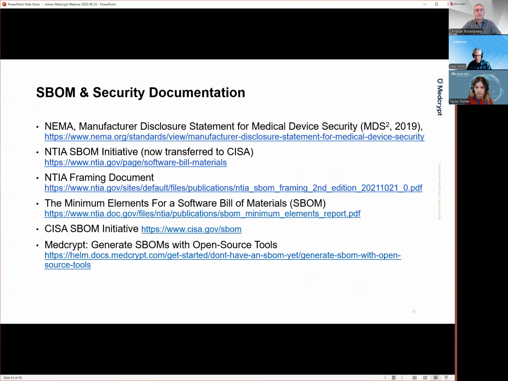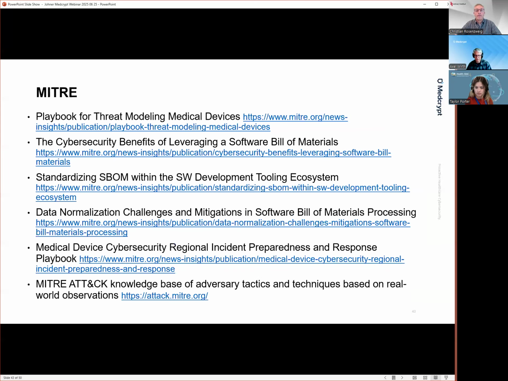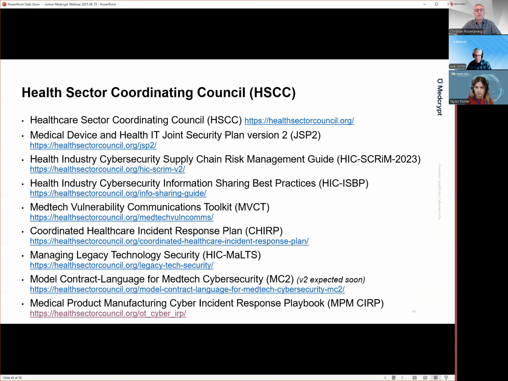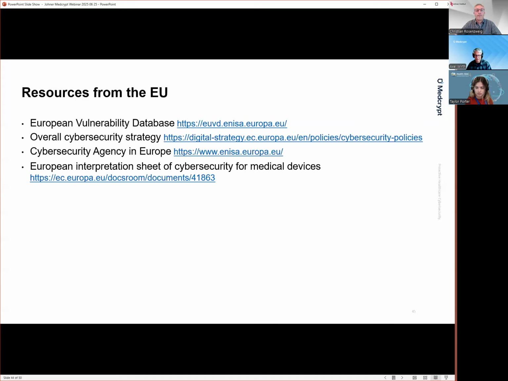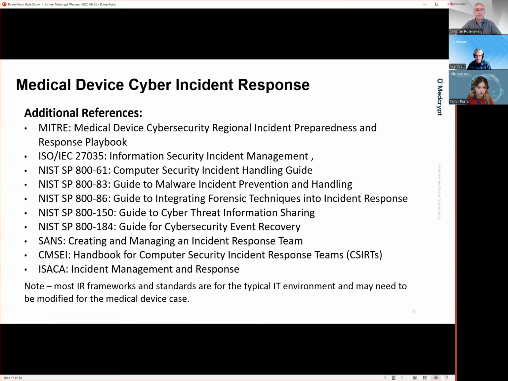General cybersecurity, secure by design, SBOM, threat modeling, and specific resources on incident response, right? There's this MITRE white paper, and then there are other incident response resources that we've added you can look at.